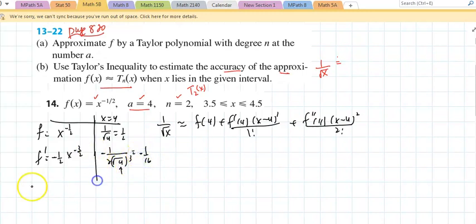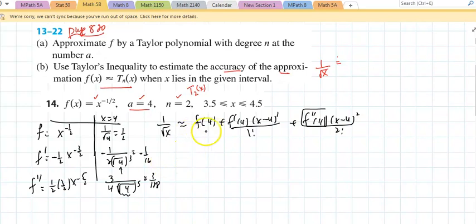And one more. If I take a 2nd derivative, because that's all I need, that is 1/2 times 3/2 times x to the negative 5/2. So 3 over 2 times 2 is 4, the square root of 4 to the 5th is 32, times 4 is 128, that's 3 over 128.